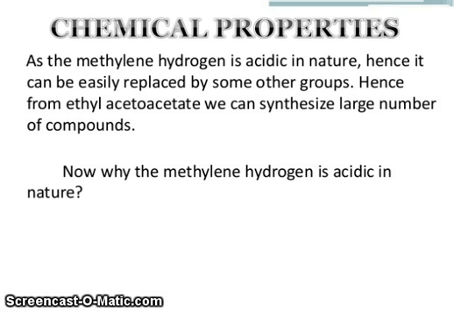Now the chemical properties. As the methylene hydrogen is acidic in nature, it can be easily replaced by other groups. Hence from ethyl acetoacetate we can synthesize a large number of compounds. Now why is the methylene hydrogen acidic in nature?